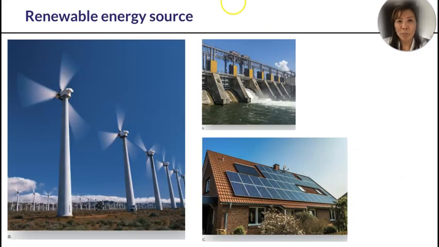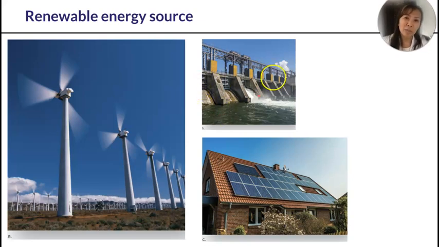Well, we can try and come up with different types of renewable energy sources. So here we have wind power, right? It's expected that wind power will probably be the largest source of renewable energy in the future. We can also do hydropower, which is basically using the kinetic energy of falling water and converting it into electricity.